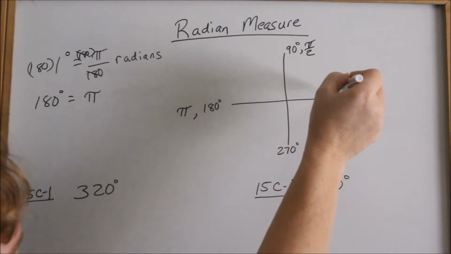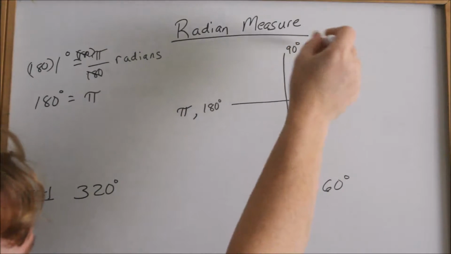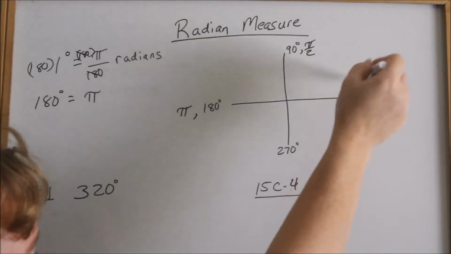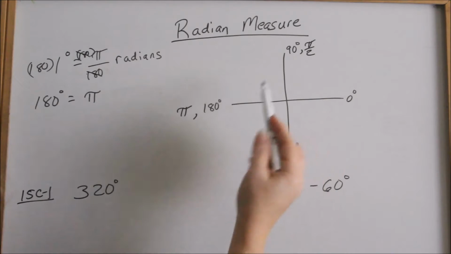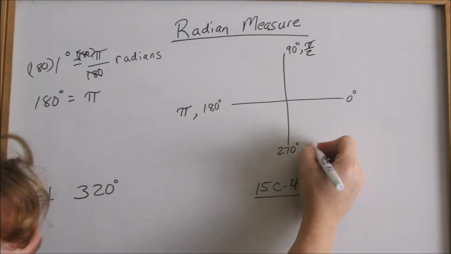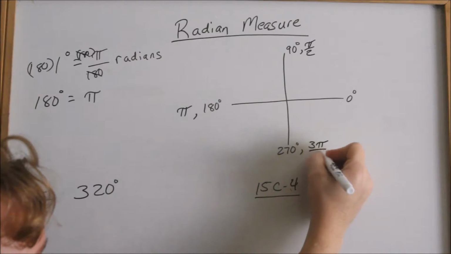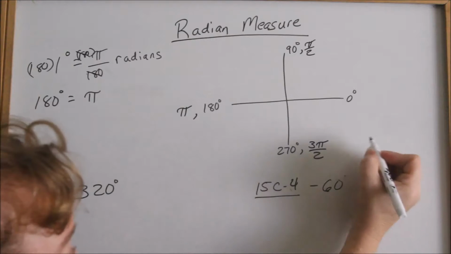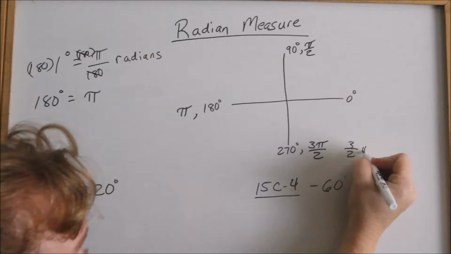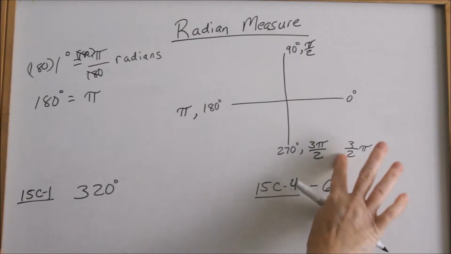So going from 0 to 90 is pi over 2, that's 1 quadrant. If we go 1 quadrant, 2 quadrants, 3 quadrants, then 270 would be 3 times pi over 2, which we call 3 pi over 2. You don't normally see it as 3 halves pi. The pi will always be in the numerator.